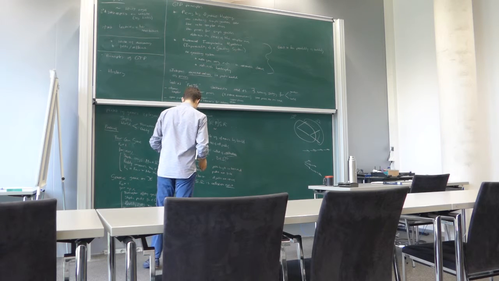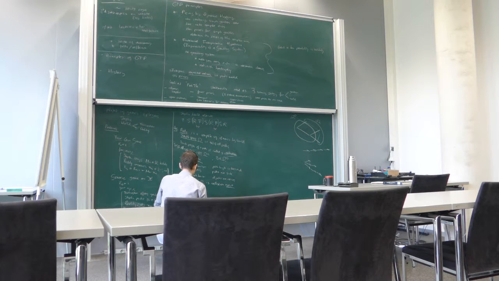Almost done with the definitions, and then we can have a break. So, a variable, now we're being very careful. A function from the sample space to the reals is called a variable.